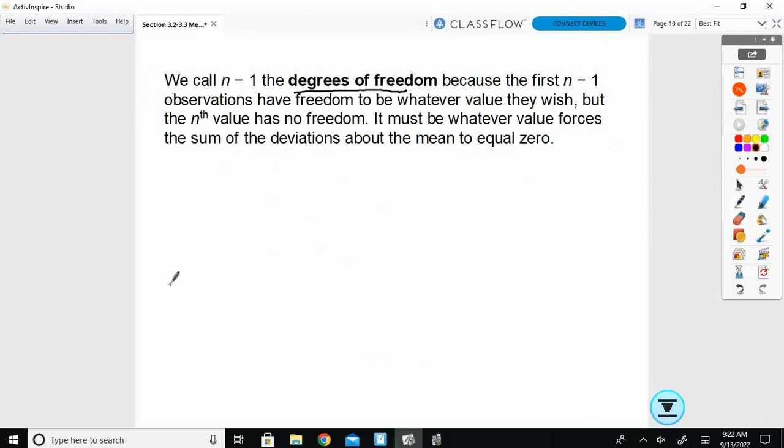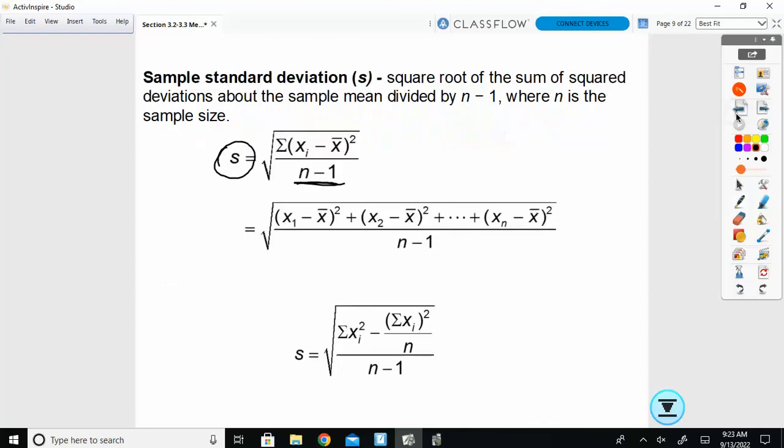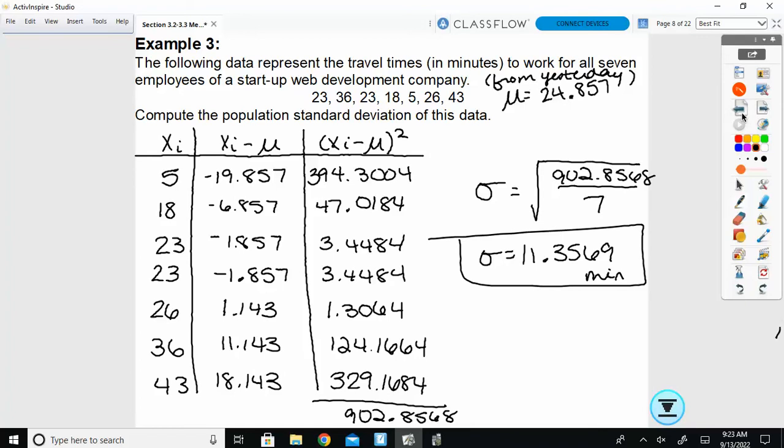That n minus 1 is what's called degrees of freedom. We'll touch more on that later, but it has to do with the fact that if you were to add up all of these values minus the mean, they should add up to 0 because it's the distance from the mean.